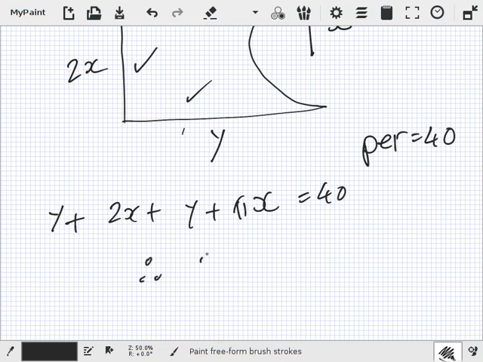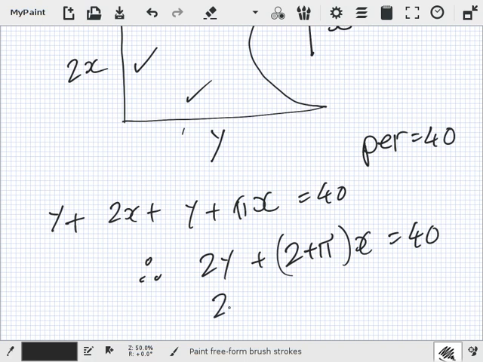Therefore, 2y plus 2 plus pi x should equal 40. So that means 2y should equal 40 minus (2 plus pi) x.